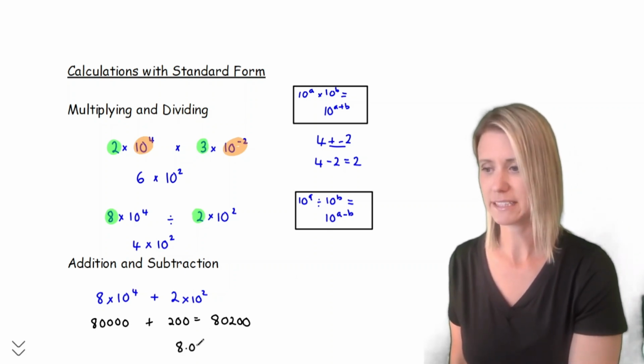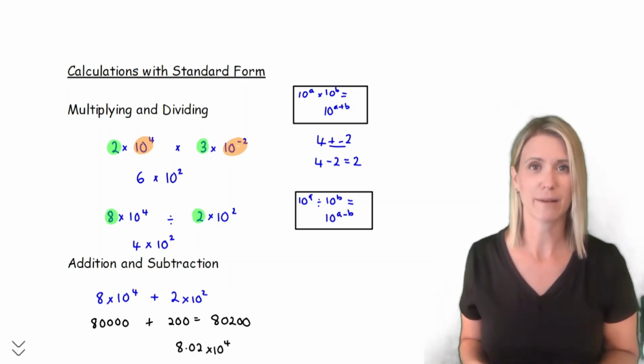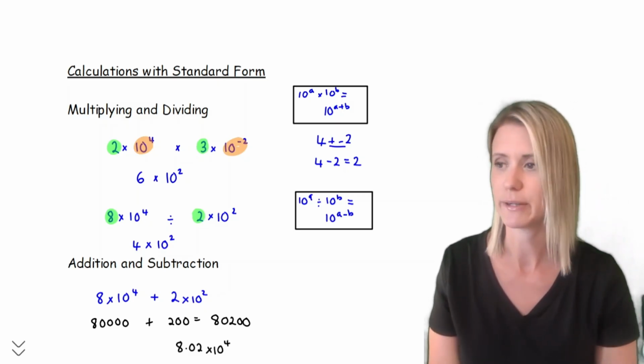So 8.02 multiplied by 10 to the power 4 in this case. So multiplying and dividing, there's no need to convert, but when it comes to addition and subtraction, I certainly would.